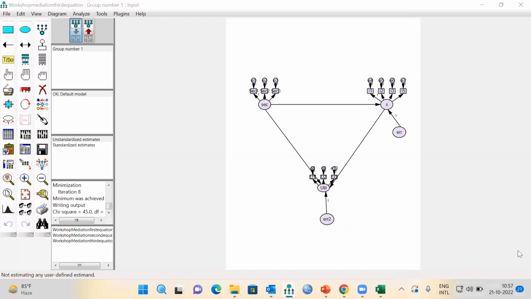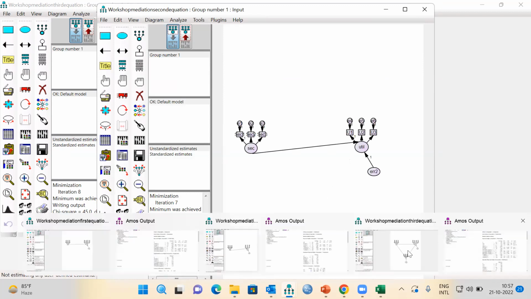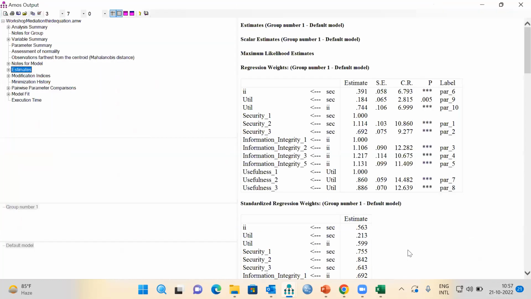The second equation you are saying, this one. Path C, yes, when it is run separately, that should be significant. If it is significant also, but in the case of the third equation, the path becomes non-significant, then also it is a full mediation. Yes, Professor, got it.